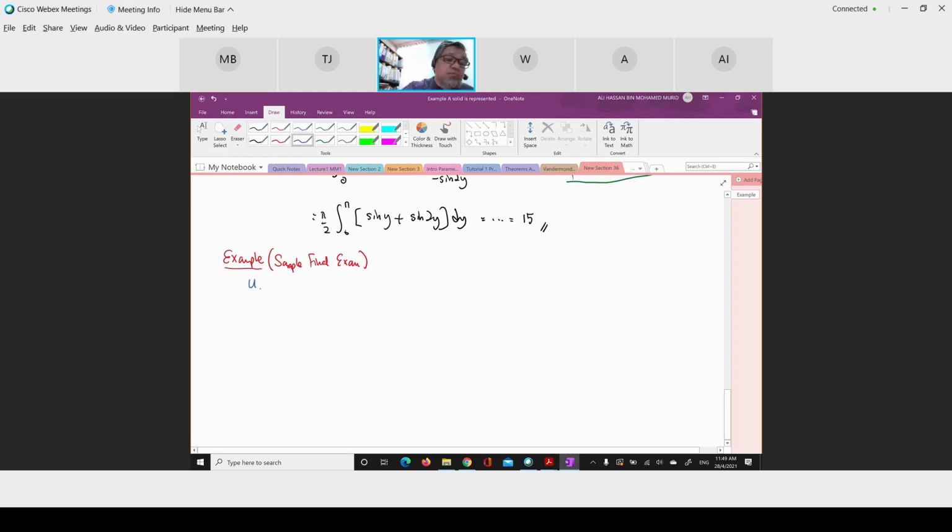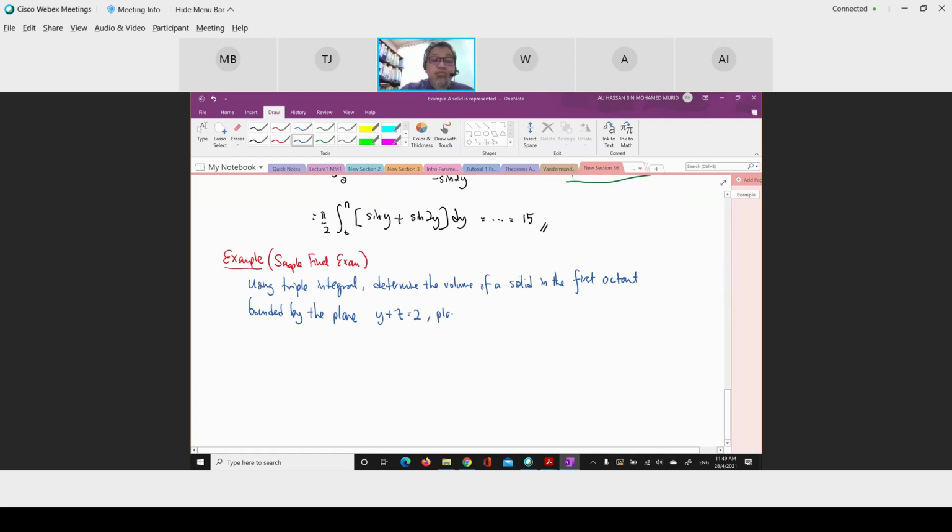Using triple integral, determine the volume of a solid in the first octant bounded by the plane y plus z equal to 2.